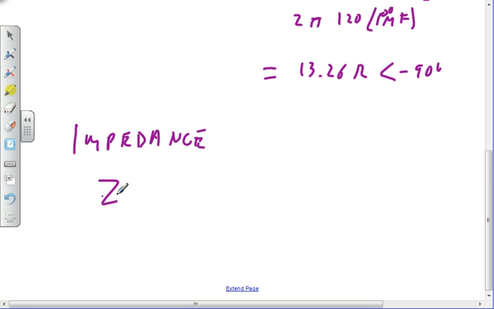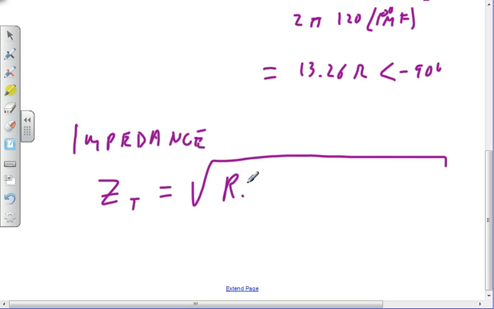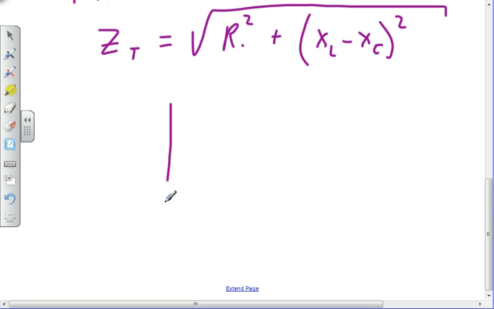So my total impedance is going to be the square root of the real component squared, which is the resistance, plus X of L minus X of C squared. So I've got some resistance going in the real direction.